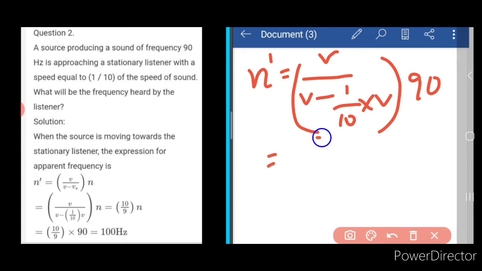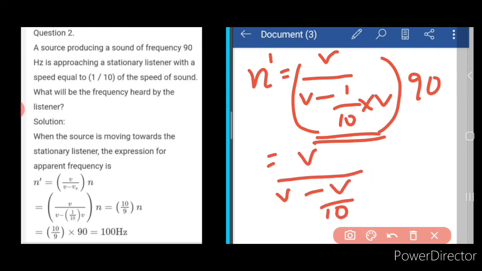Now here we can take the LCM. So what will be this denominator? V minus V divided by 10, into 90. Now we'll take the LCM of the denominator.